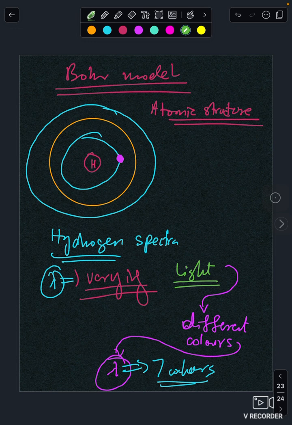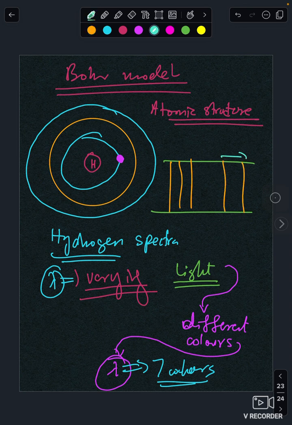What I mean by this is, we'll talk about this over here. As we go higher in wavelength, the distance between these lines in the spectra is increasing.